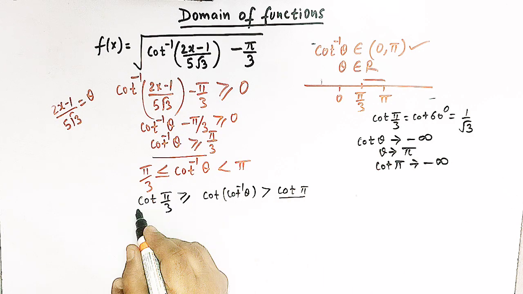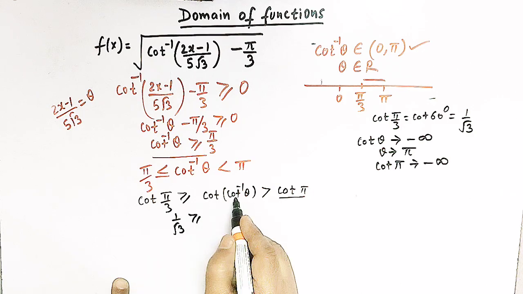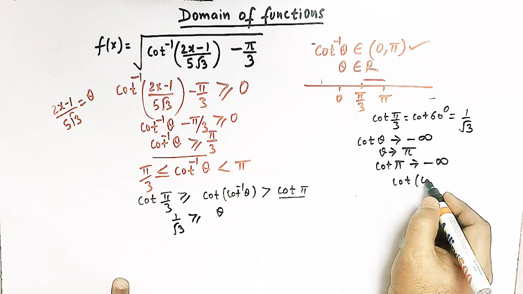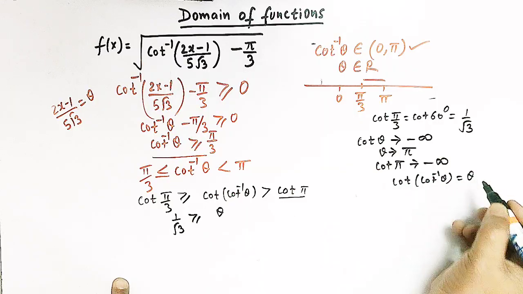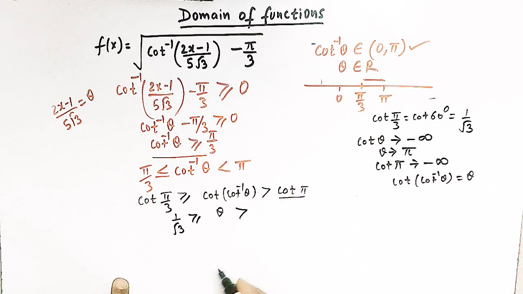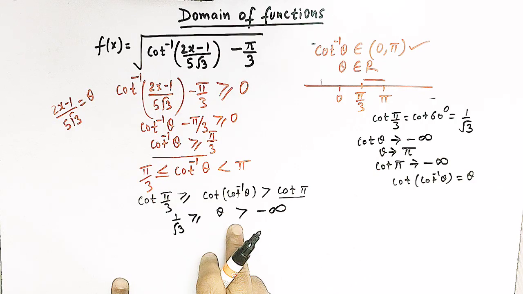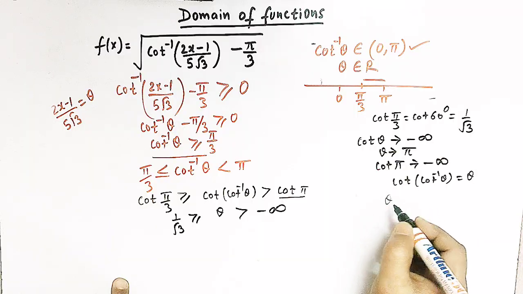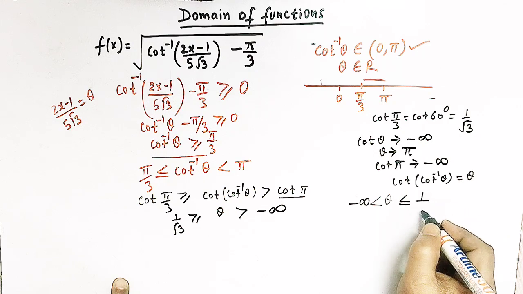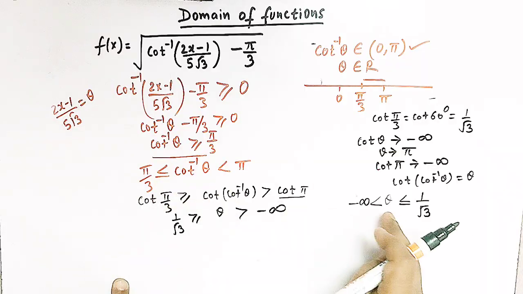So cot pi by 3 is 1 over root 3, cot of cot inverse theta is simply theta, and cot pi tends to minus infinity. So we can now write this inequality as theta greater than minus infinity and less than or equal to 1 over root 3. Now let us substitute the value of theta in this inequality.